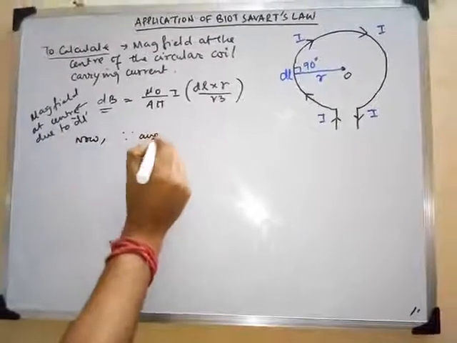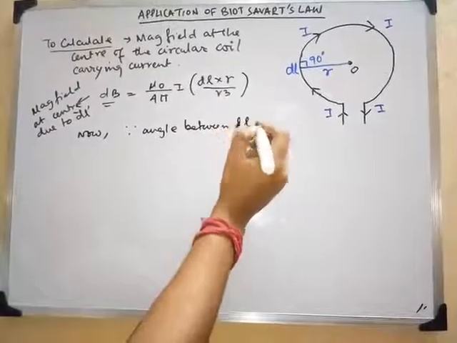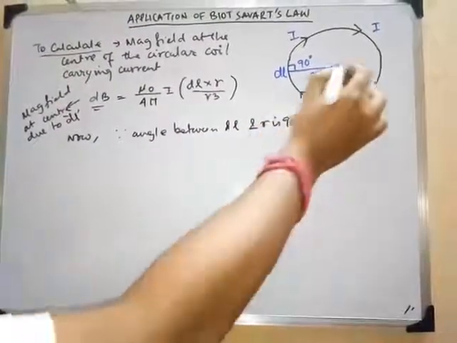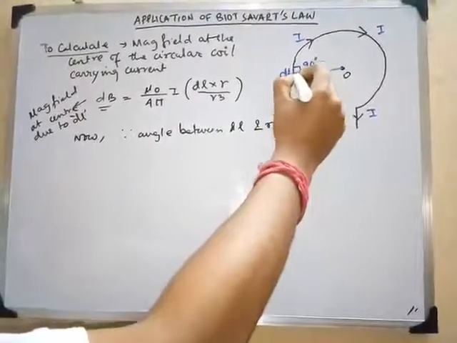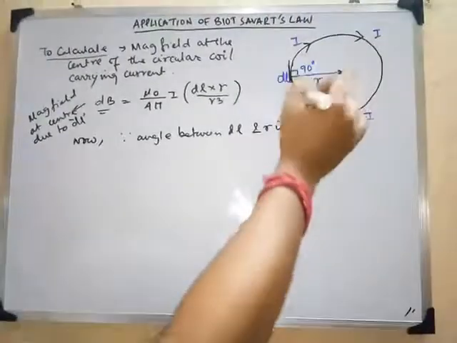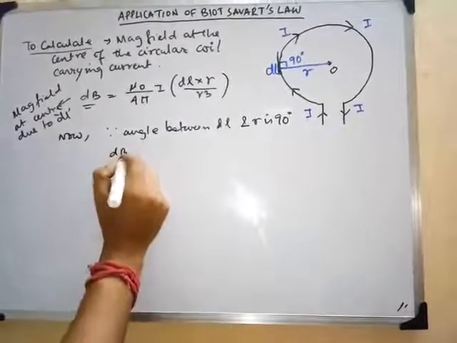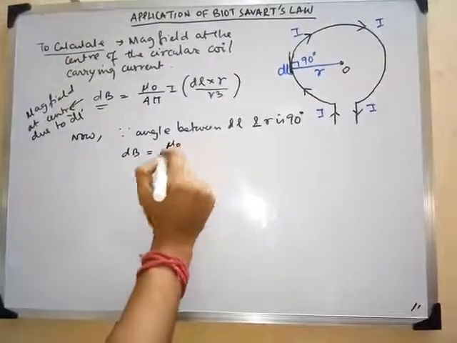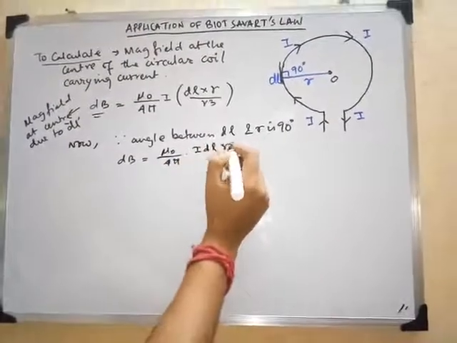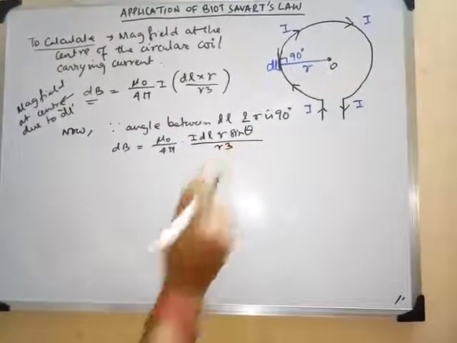Now since the angle between dl and r is 90 degrees, here you can see the angle is 90 degrees. This is the direction of r, and dl is a tangential component, you can see. So from this one and this one, you can see the angle is 90 degrees. So we can say that dB is equal to mu naught by 4 pi I dl r sin theta by r cube, right?